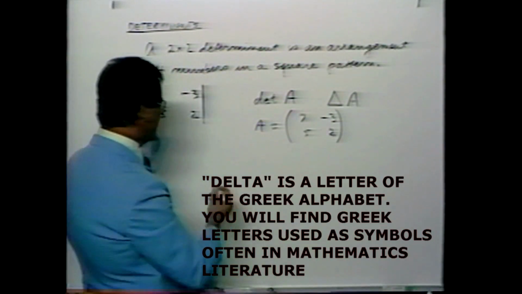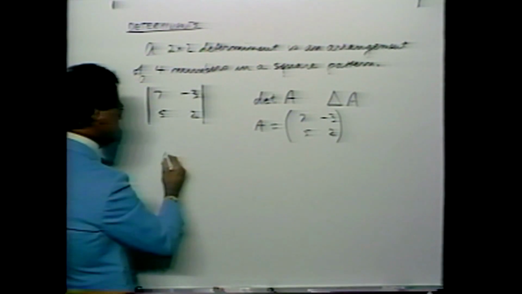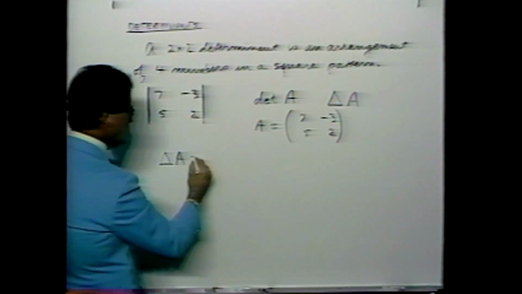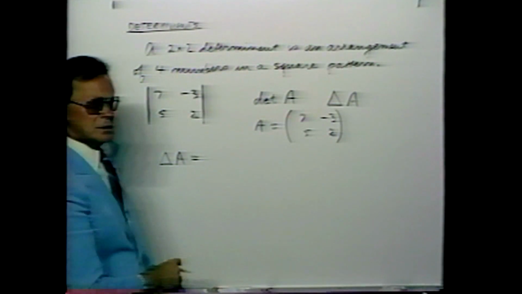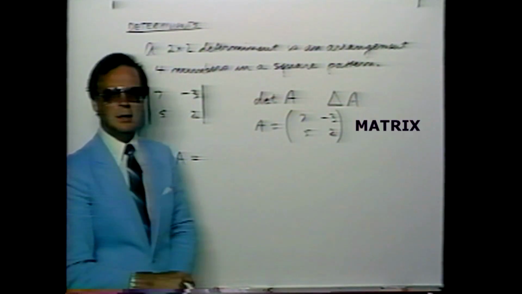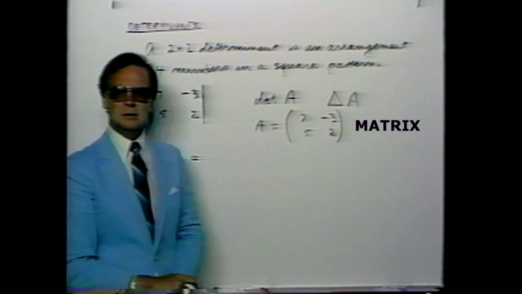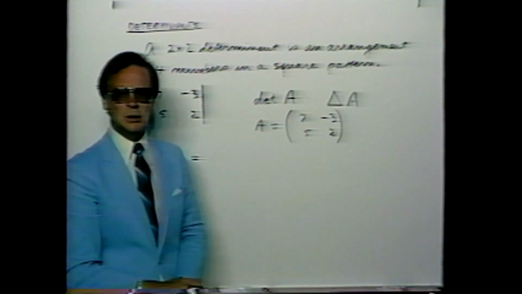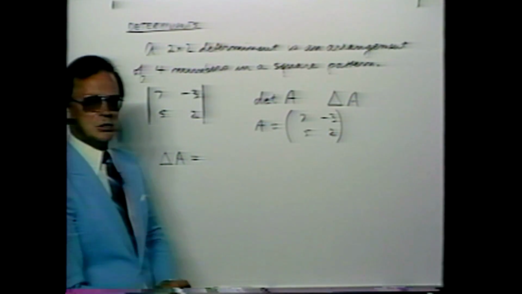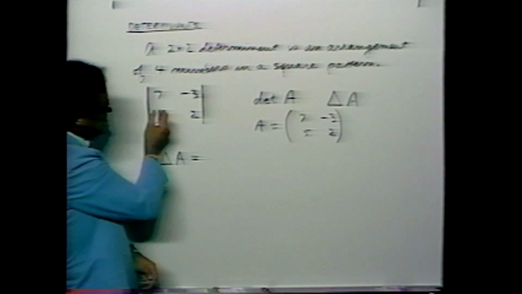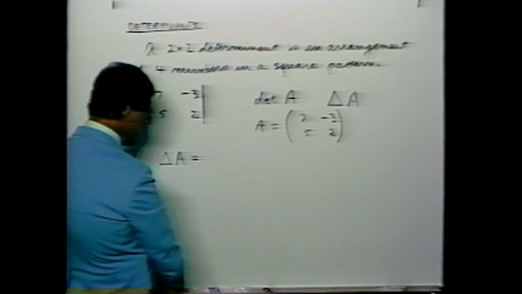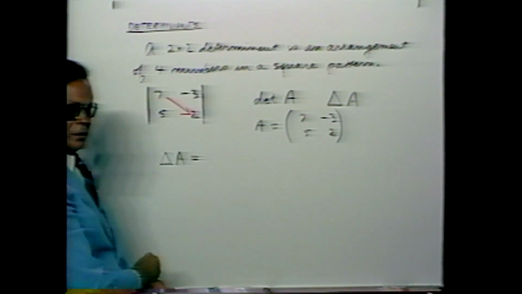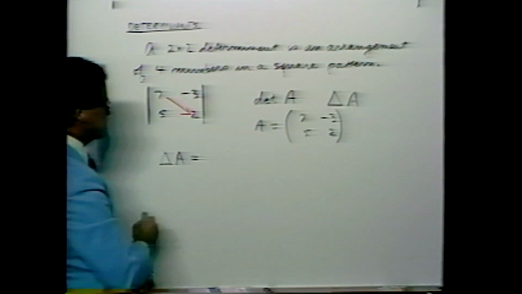Now, delta A is a number. In other words, the determinant of a 2 by 2 arrangement, square arrangement of numbers, is an actual number. And that number is determined in this way. You take 7 and multiply it by 2 along the diagonal that way.